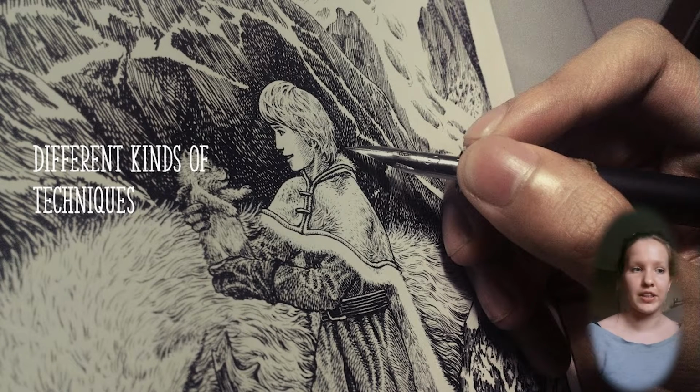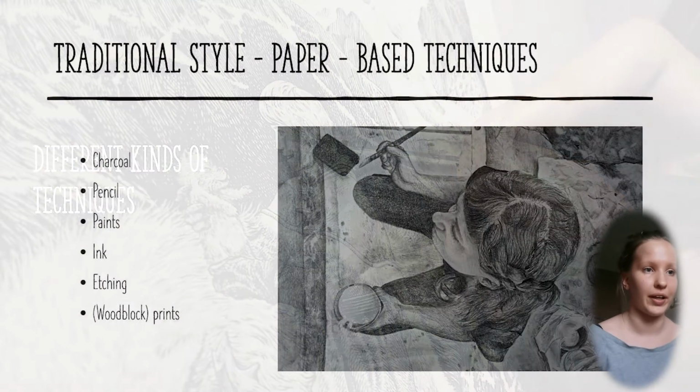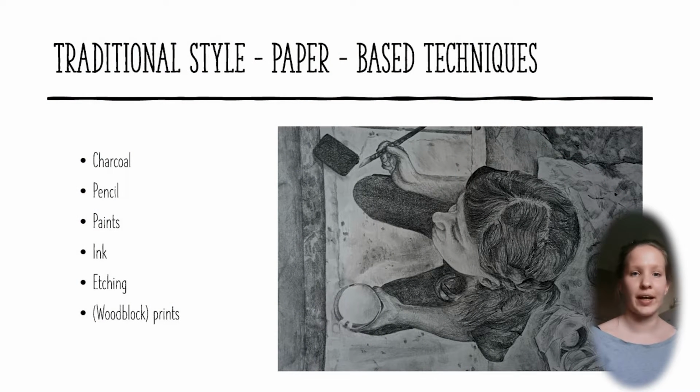And then more about the different kinds of techniques for illustration. Well, the most known probably and the oldest of all the technique styles are the traditional styles. The traditional styles basically mean paper-based techniques. So charcoal, pencil, paints, ink, etching, and woodblock prints could be examples of traditional style paper-based illustrations.